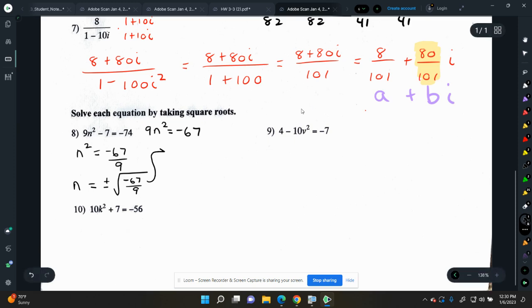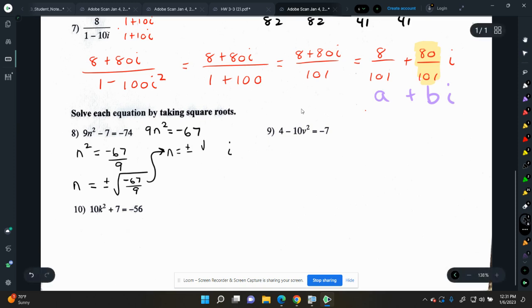So the challenging part about these problems is simplifying the radicals, okay? So we've got a negative there, so right away I know that I'm looking at something i, right? I've got to take the i out. Okay, now I can't take the square root of 67, but I can take the square root of 9. What's the square root of 9? 3.